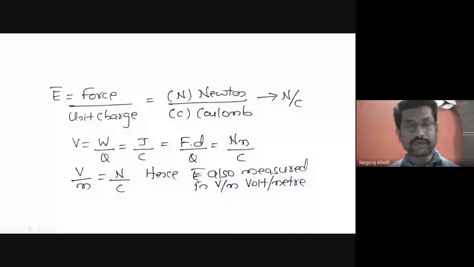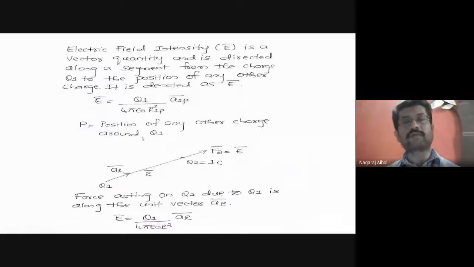Any idea, students? Unit of potential. What is the formula for potential? You have studied it in your basic electrical. What is the formula for potential V in terms of the work done and the charge? Sir, Newton meter, sir.